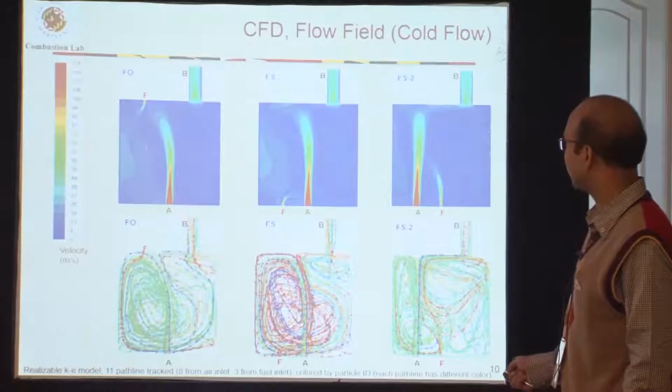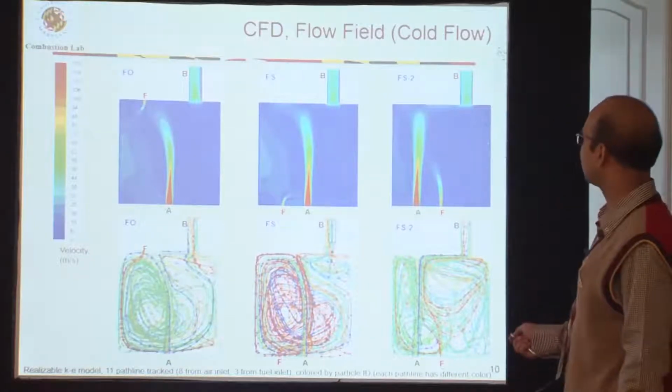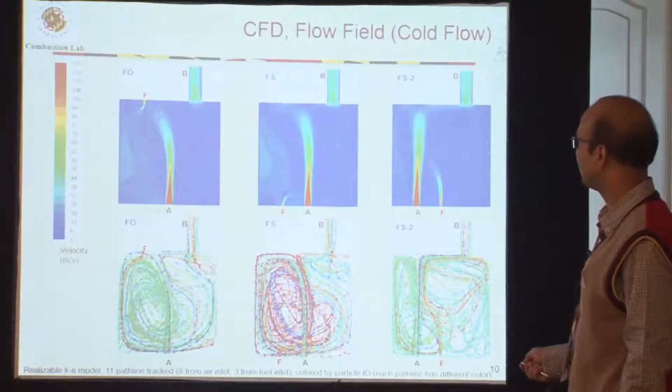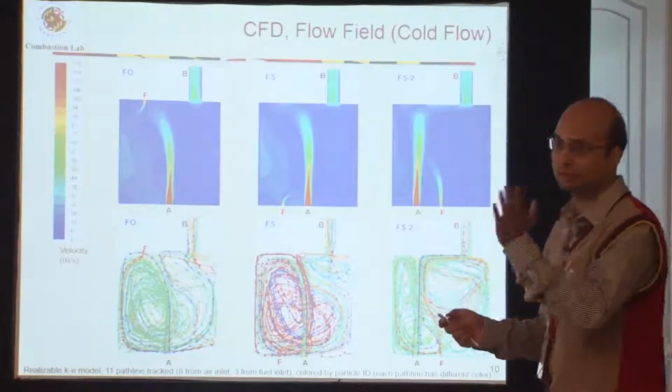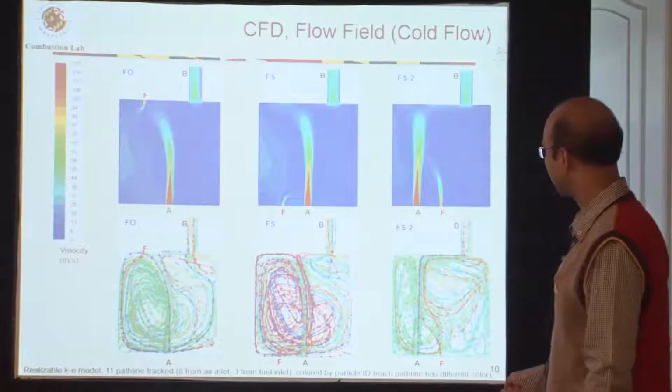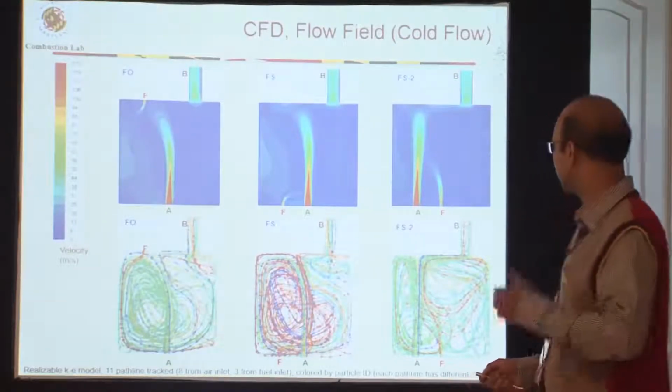Air tries to entrain gases from the side, so there will be lower pressure inside this region. But as the exhaust is on one side, pressure here will be slightly higher than this. So that's why the jet turns to one side. Almost everything turns to one side. This was a very interesting result which we observed.